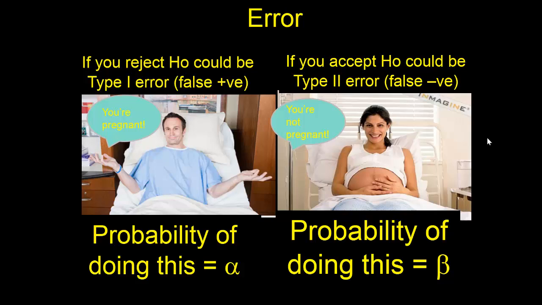So we won't go into much detail there, but it's got that symbol. So these two types of error are false positive, which is type 1, like telling a bloke he's pregnant, and a false negative, which is type 2, like telling an obviously pregnant woman she's not pregnant. And those are the inherent errors within the system.